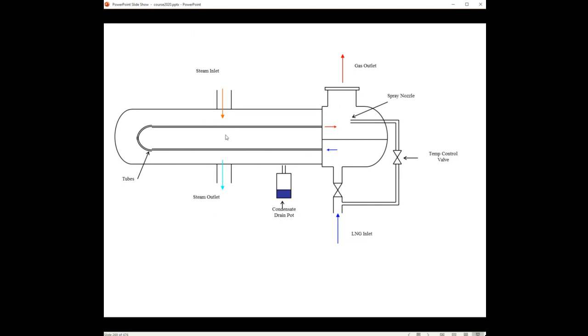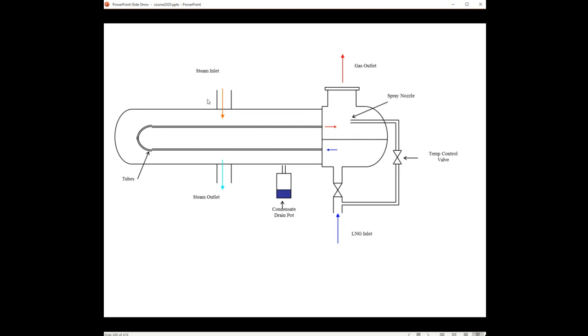The steam will cool down, will condensate, and condensated water will accumulate here at the bottom of the vaporizer, and then accumulated in the drain pot, and this condensate is then sent back to the boilers. Finally, the LNG liquid will evaporate and gas will accumulate at the outlet of our vaporizer.